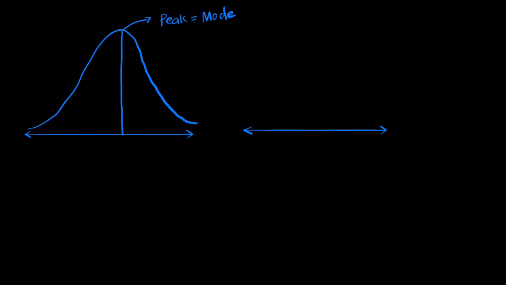So in a distribution, for example, let me draw a symmetrical distribution. In a symmetrical distribution, the peak represents the mode. Right? So whatever is the peak, the value at the peak represents the mode.